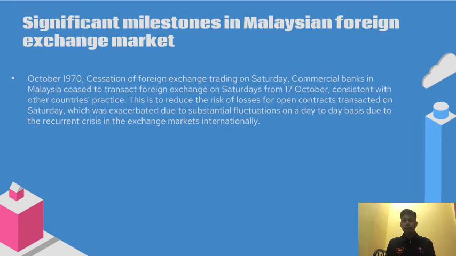This is to reduce the risk of losses for open contracts transacted on Saturday, which was exacerbated by substantial day-to-day fluctuation due to the recurrent crisis in the international exchange market.